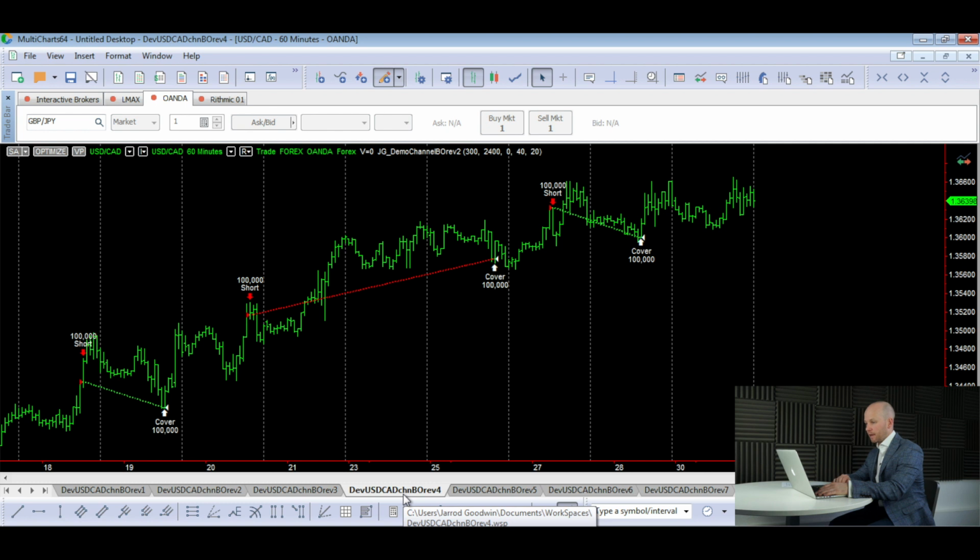The next development, what I thought I'd do, is look at time windows to take the trades. So it's a 60-minute chart, but what I'm saying is, is there a time window where we want to take these trades and a time window where we don't want to take them? Are there times of the day where these breakouts will actually lead to false trades and less profitable trades, and obviously times of the day where the trades will be more profitable?